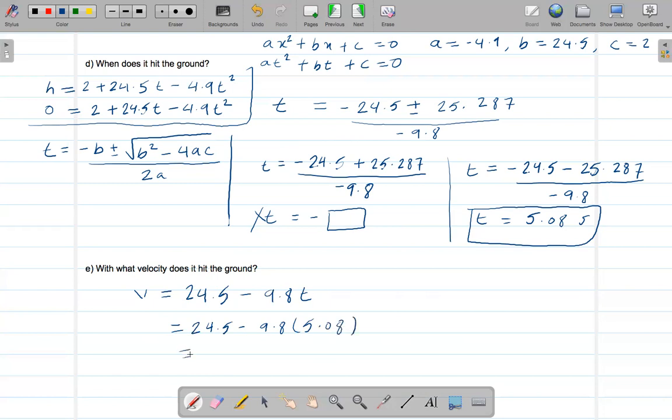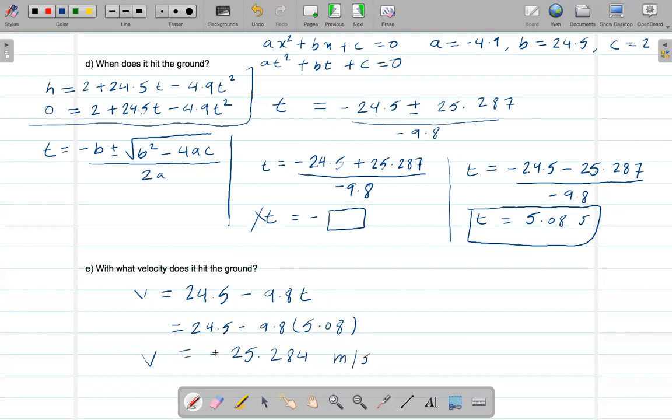Now here, the velocity we get is negative 25.284, and since we said it's velocity, the unit is meters per second.